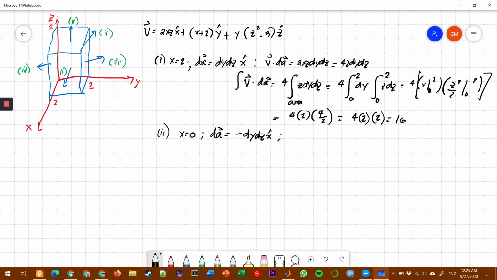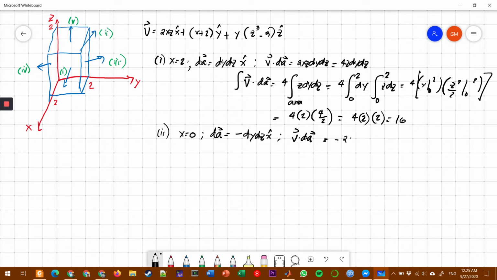Then we do v dot dA, right? So this is your dA, and this is your v. So we just have to multiply the x part only. It's the same, but this time this is negative because of the direction of the unit vector of the area.